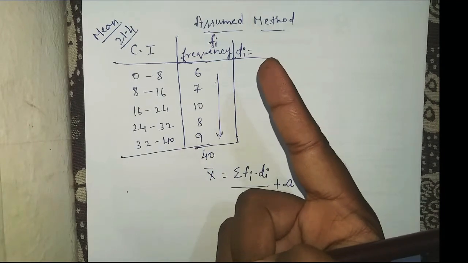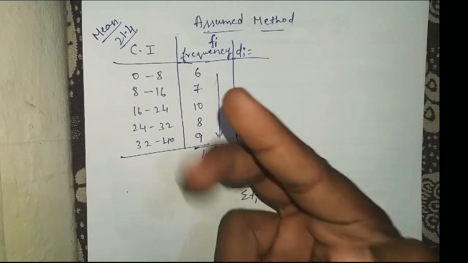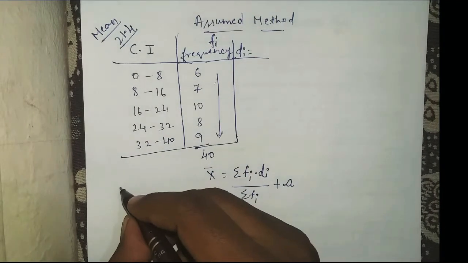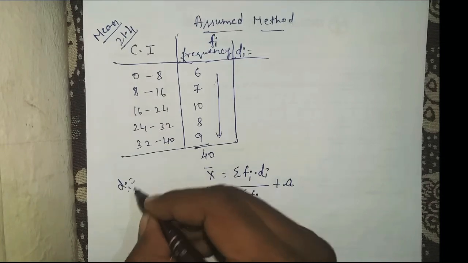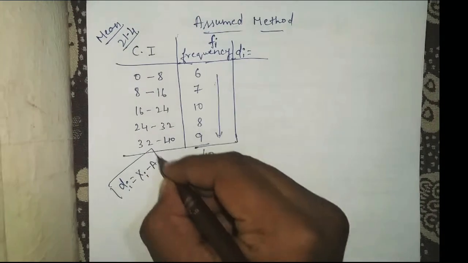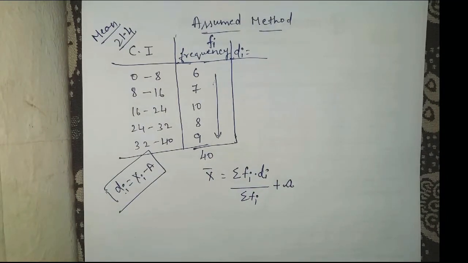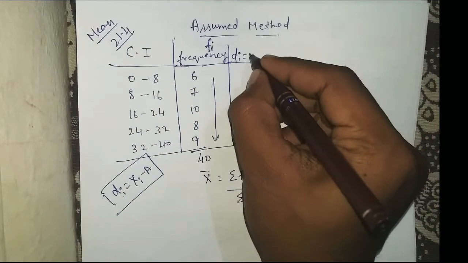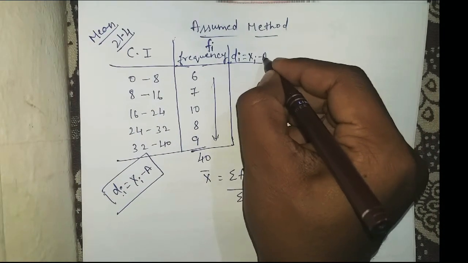One is xi equals upper limit plus lower limit by 2, and the second formula you are getting now is di. Di is equal to xi minus a. Keep this in mind, di is equal to xi minus a.